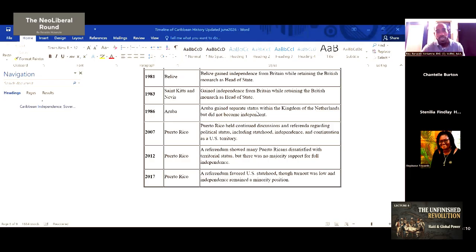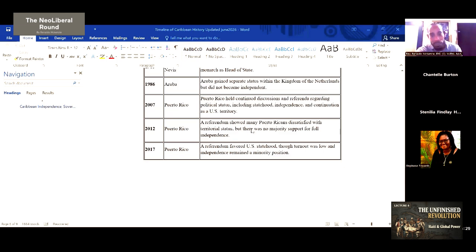2007, Puerto Rico held continued discussions and referenda regarding political status. They wanted to decide whether or not to become independent, but they voted to stay as a U.S. territory in 2007. 2012, another referendum. They were dissatisfied with territorial status, but there was no majority support for full independence. 2017 again.